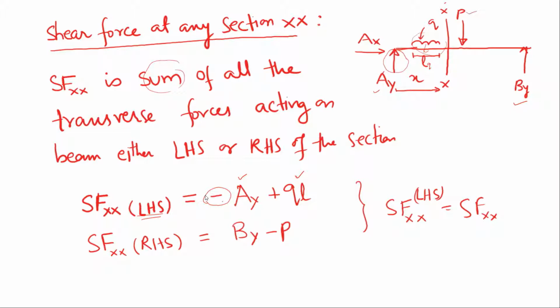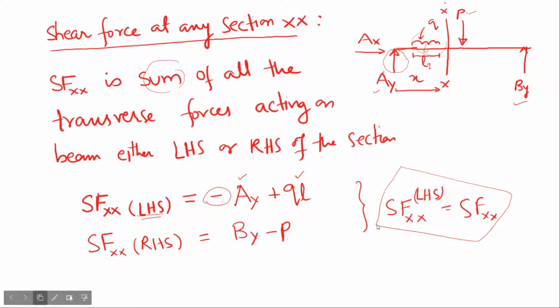Another transverse force is P, but it is acting on the right side of the section in the downward direction, so it is negative. So this shear force, either from the left side or right side, is the same. We know that the shear force on the left hand side or right hand side of the section is equal. So this is the shear force at any section.